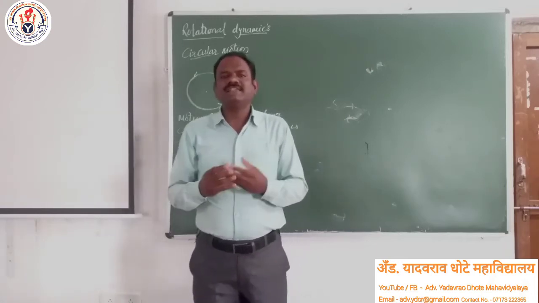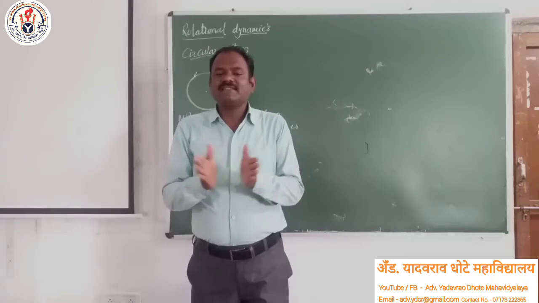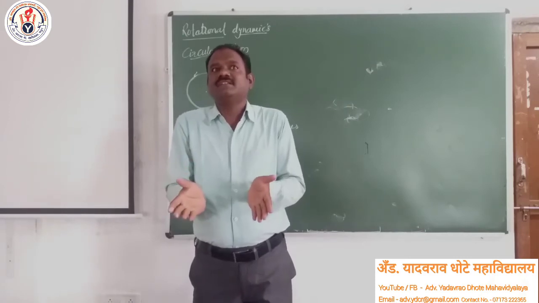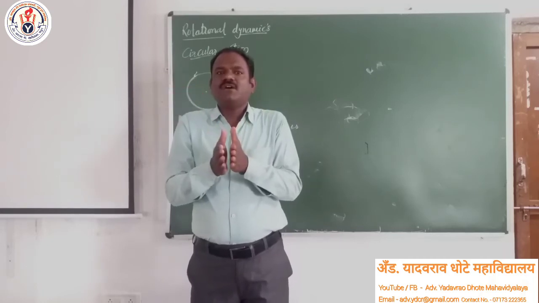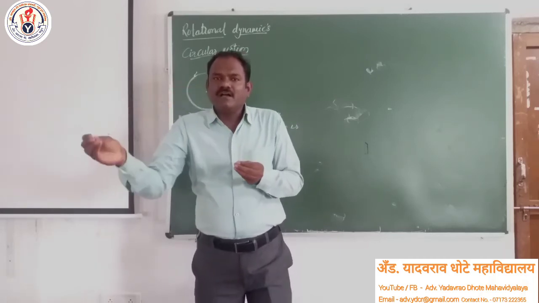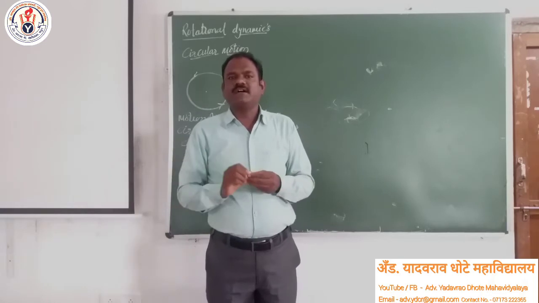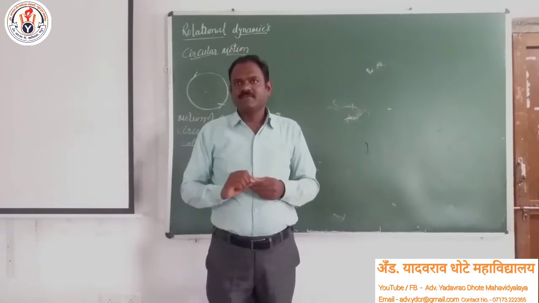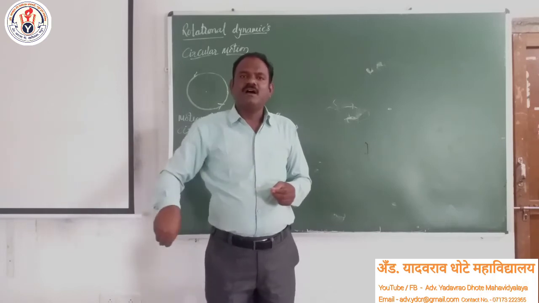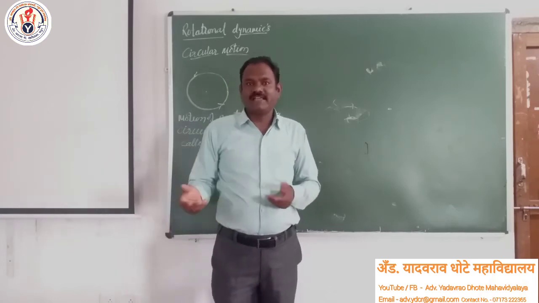But out of these examples, we classify them, so we discuss the different types of circular motion. We observe the earth performing circular motion around the sun, and it takes the same time. Motion of the moon around the earth also takes the same time.